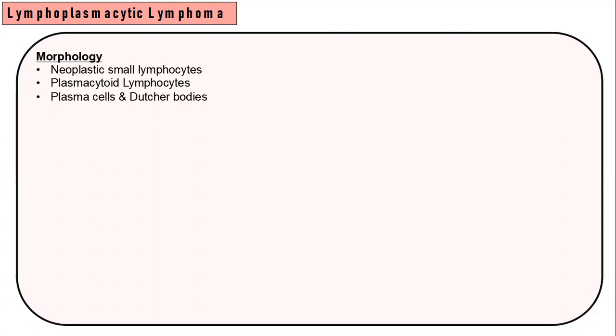Because of this, we can definitely have a differential of extranodal or nodal marginal zone lymphoma because of these small lymphocytes and plasmacytoid lymphocytes. Scattered are also seen plasma cells and Dutcher bodies.